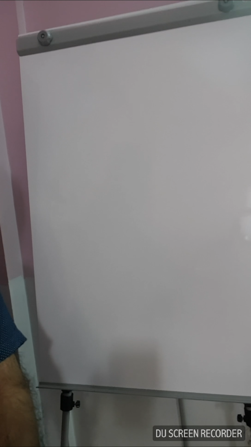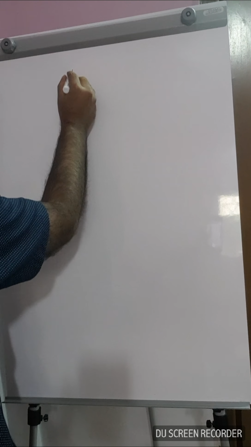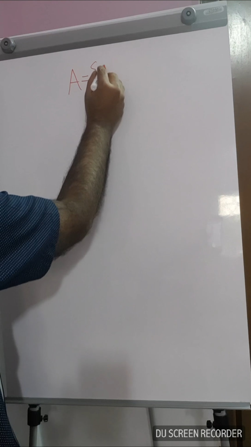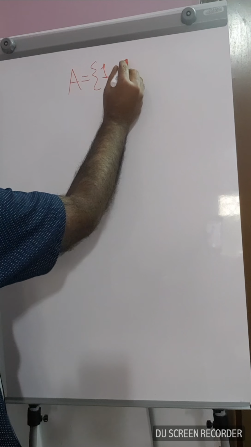Let us consider two sets A and B. Say we have a set A consisting of three numbers 1, 2 and 3.